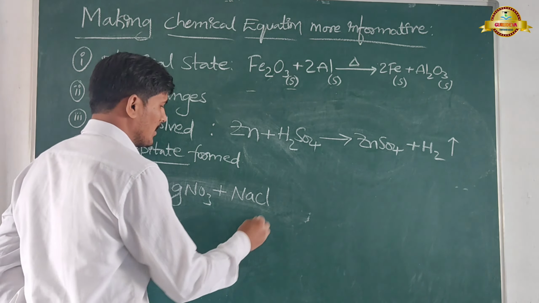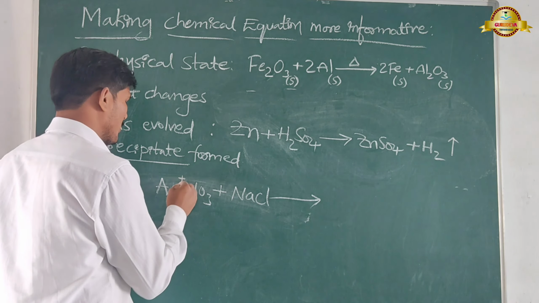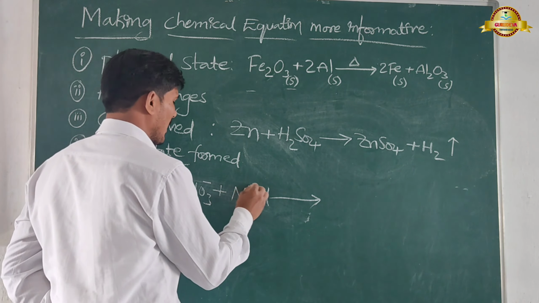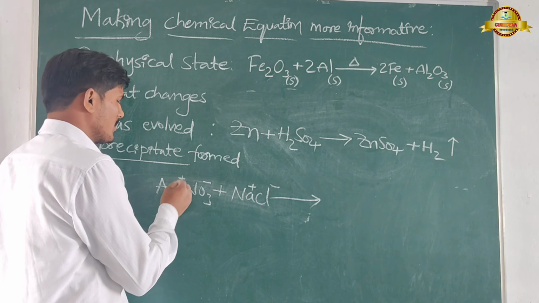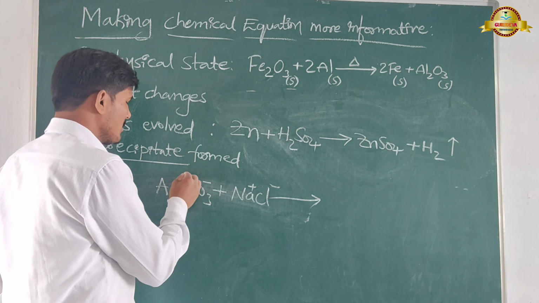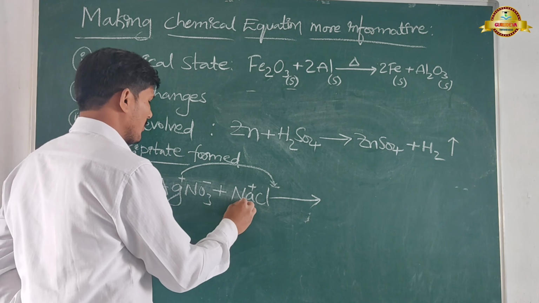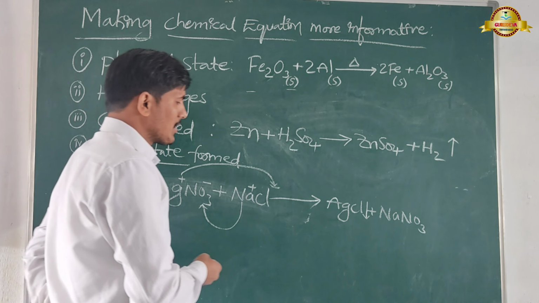Here Ag has a positive charge, Ag means silver, NO3 has a negative charge, Na has a positive charge, Cl has a negative charge. This positive charge or cation attacks the negative charge.